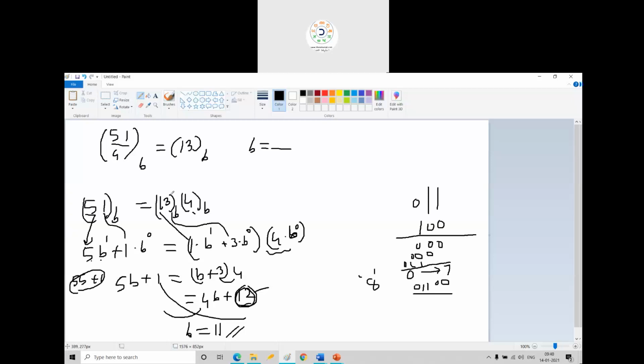You have 13 with the base 11, so that is 1 into 11, which is 11, plus 3, so this totally becomes 14. And then you have simply 4 here, so 14 into 4 is 56. So it is matching and it is correct. So b equal to 11 is the answer for this.